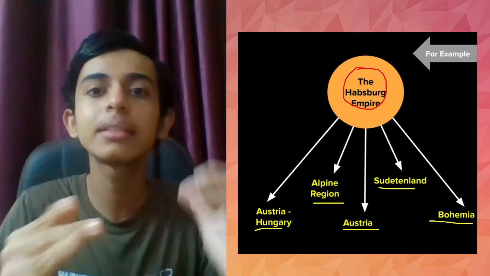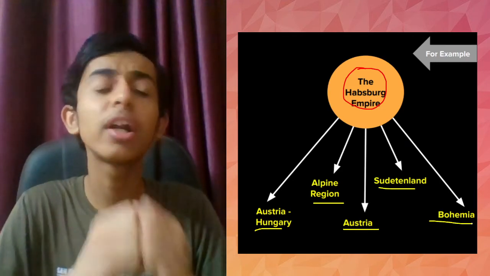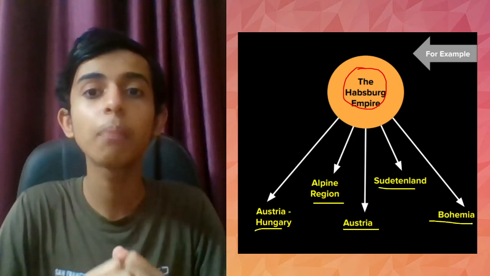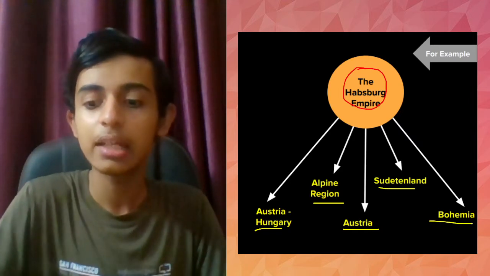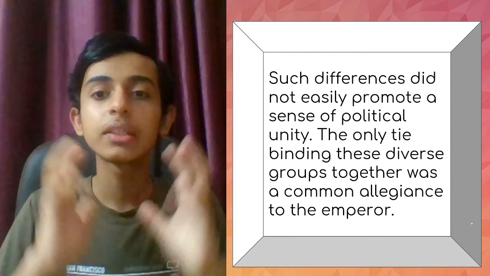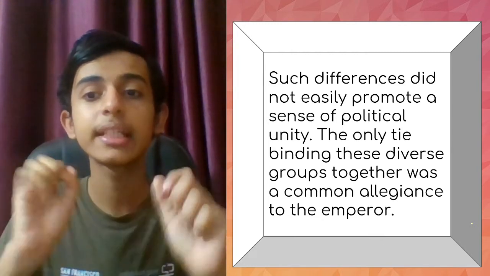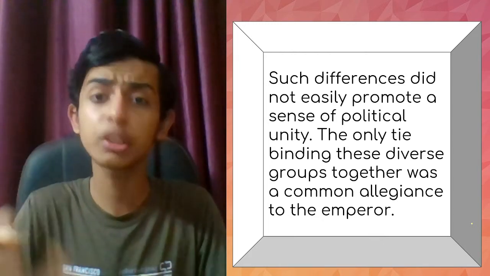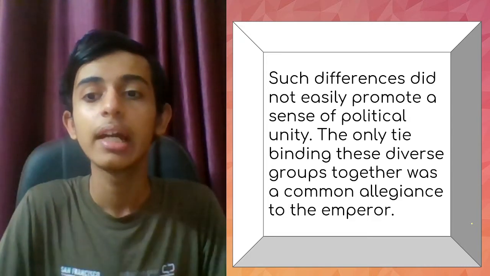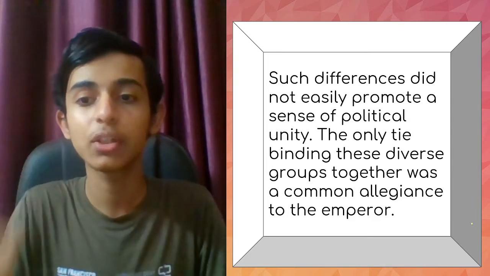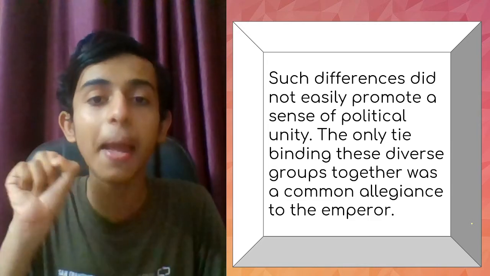So how could this be transformed into a nation state? It was really very difficult. Such differences did not easily promote a sense of political unity, because of different languages and different cultures. The only tie binding these diverse groups together was a common allegiance to the emperor.